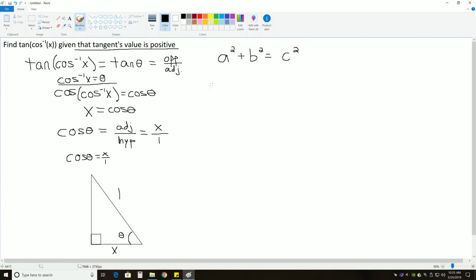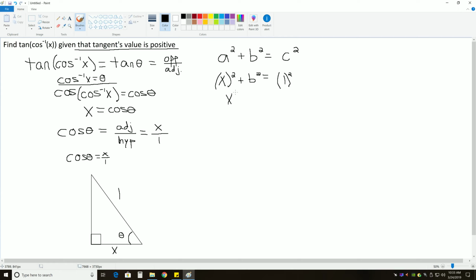So in this case, we'll let our adjacent side x be a, which gives us x squared plus b squared equals c squared, which in this case c is the hypotenuse of our triangle, which we said is 1. So we get 1 squared.